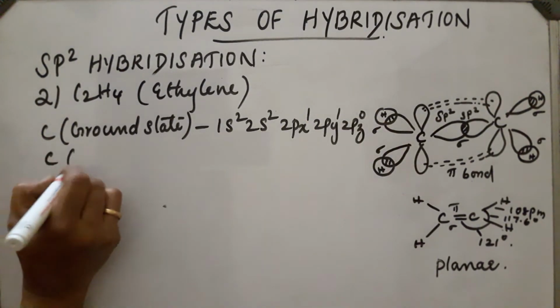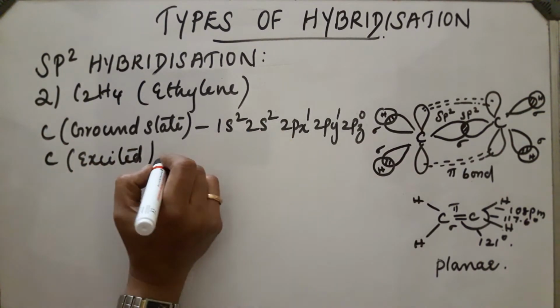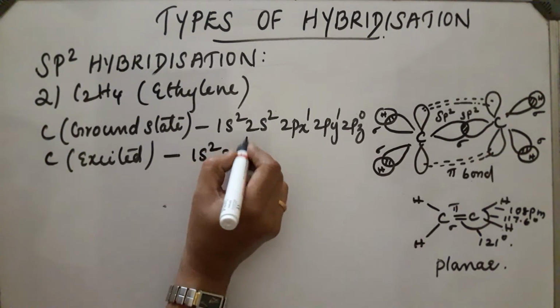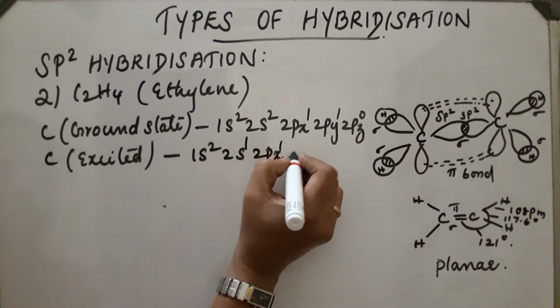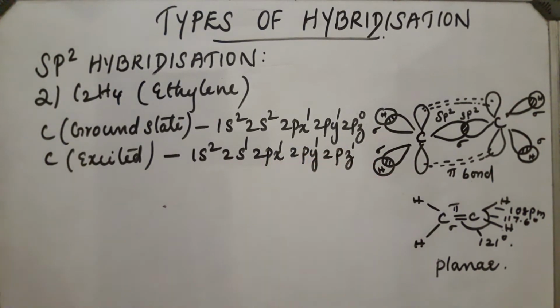In the excited state, one electron from 2s shifts to 2pz: 1s2, 2s1, 2px1, 2py1, 2pz1. This will be the excited state electronic configuration.